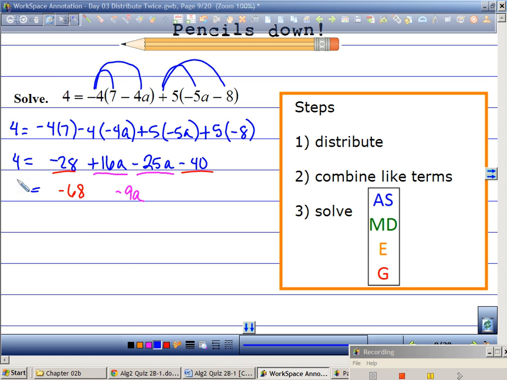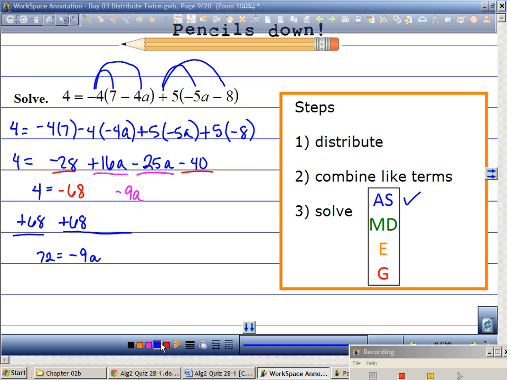All of that is going to be equal to 4. So I'm going to add 68 to both sides, getting rid of my adding and subtracting, which gives me 72 equals negative 9a.